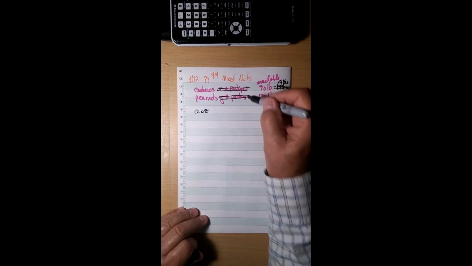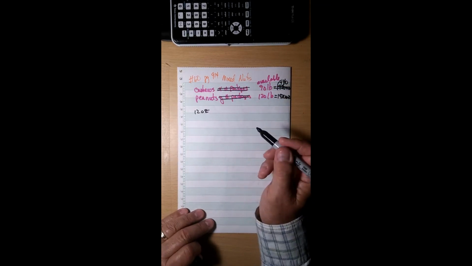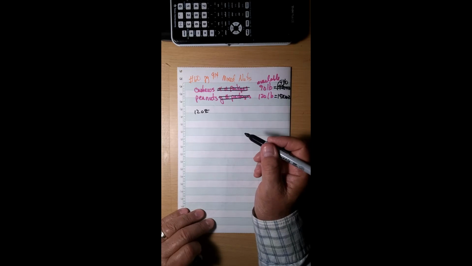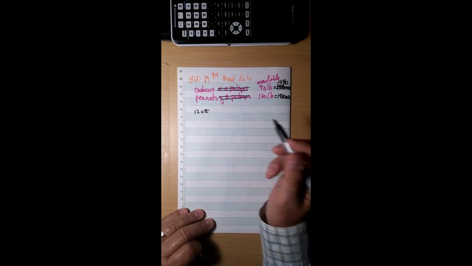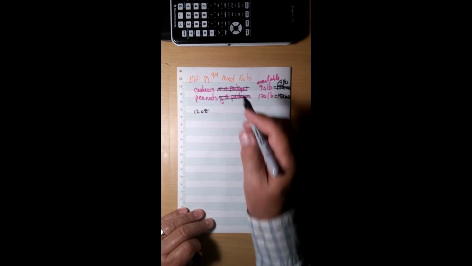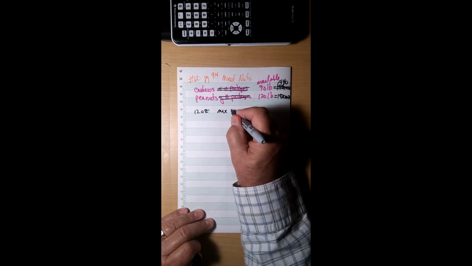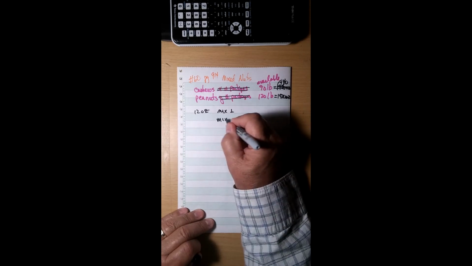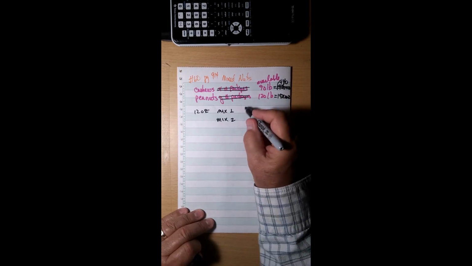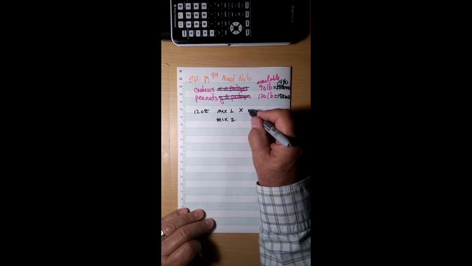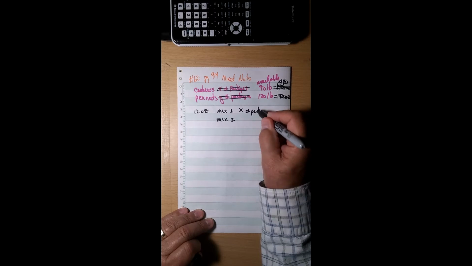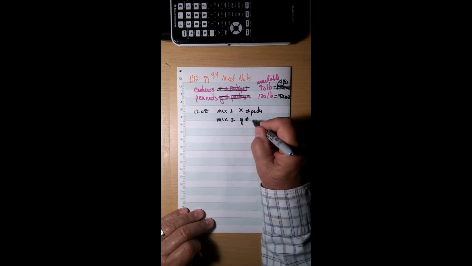This is the number of packages of the cheaper stuff, so it's not cashews. Take that back. There's a cheap one, we'll call it Mix 1, and a more expensive one, Mix 2. X is going to be the number of packages for Mix 1, and Y is the number of packs for Mix 2.